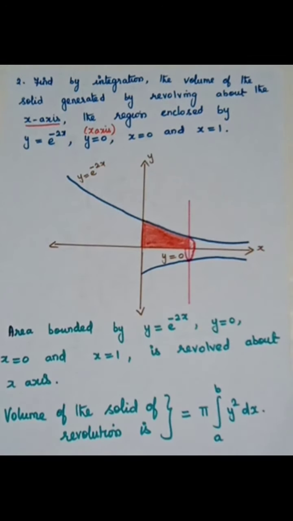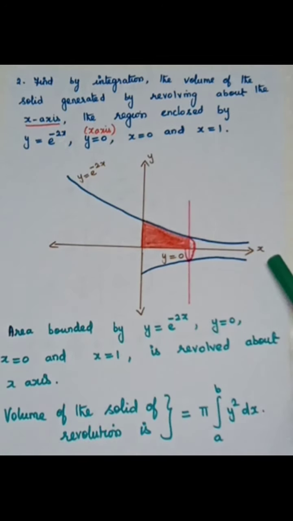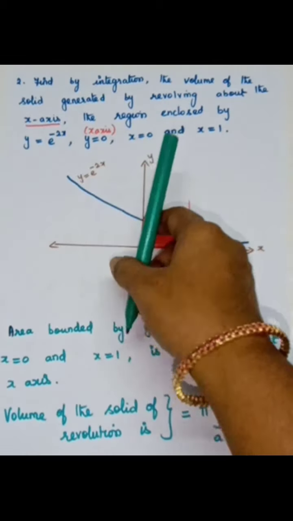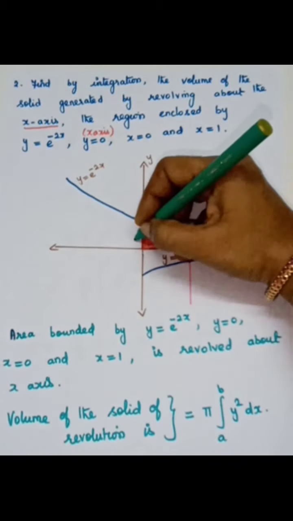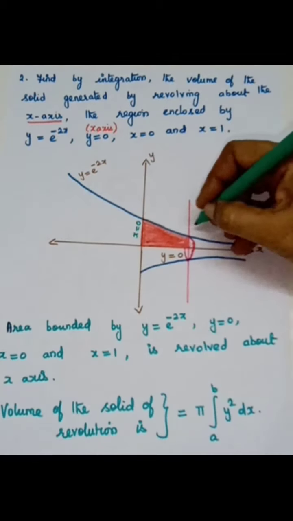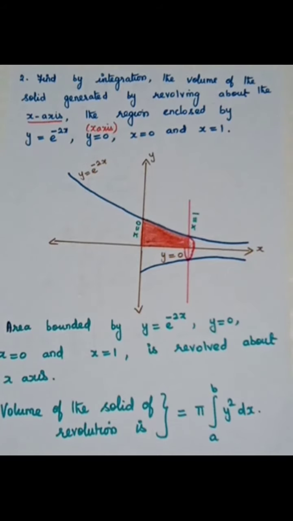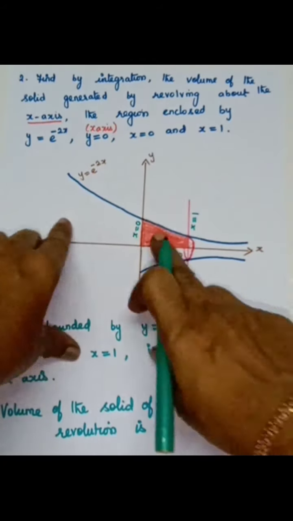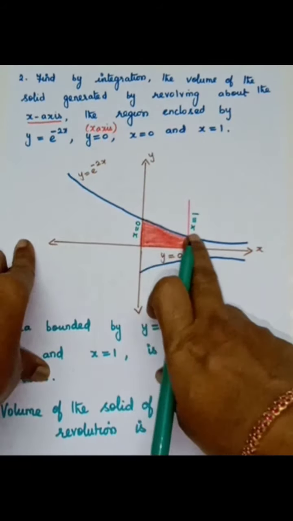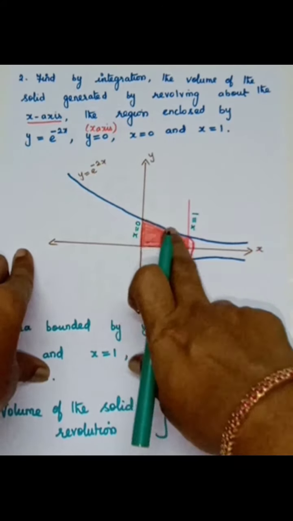Now I have drawn the curve and the x-axis. X equal to 0 is this line, that is the y-axis, and this is x is equal to 1. I have drawn the pink color line, that is x is equal to 1. You see, the area is bounded by the curve, the x-axis, x is equal to 0 and x is equal to 1.